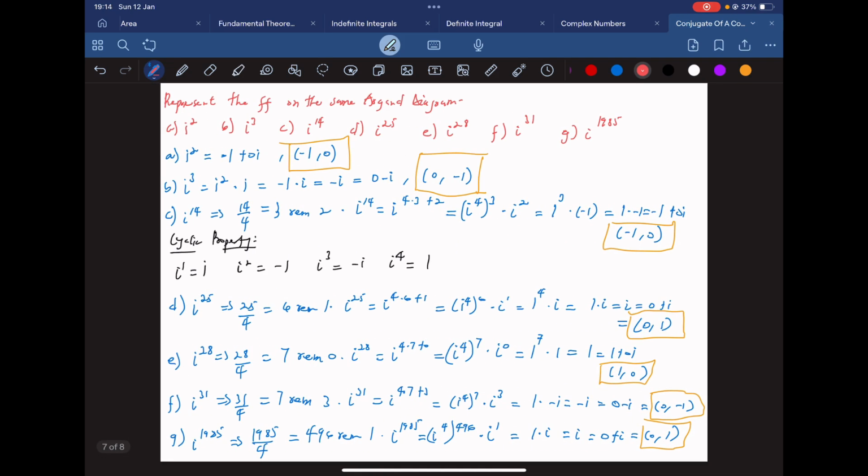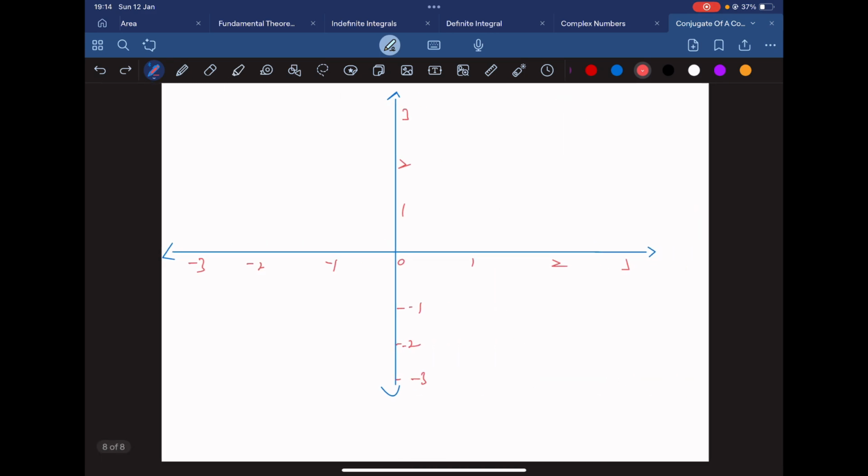So looking at the first one, we have (-1, 0). Negative 1 is right here, and 0 is here, right? So we can have (-1, 0) here. This is (-1, 0).